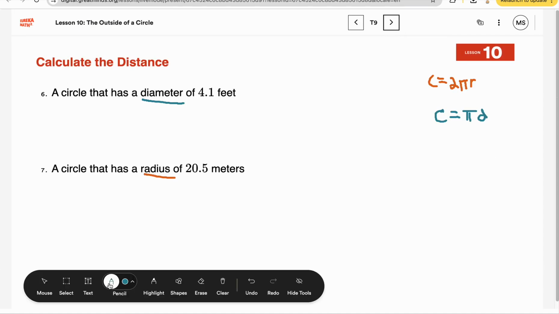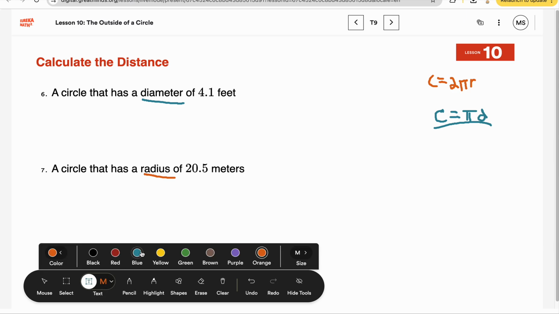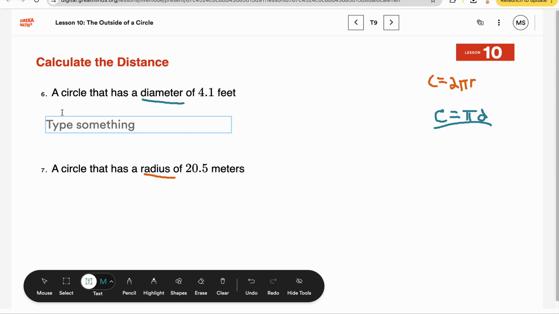So here we are being asked about a circle that has a diameter of 4.1. We are going to be using this formula here, where the circumference is equal to pi times the diameter. But instead of using pi, it told us to use 3.1. So we're going to say the circumference is equal to 3.1 times the diameter.